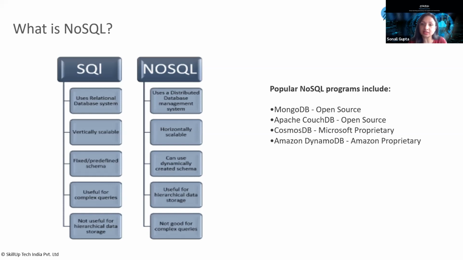The second one that is widely used, but not as much as MongoDB, is Apache CouchDB. That is again one of the open source databases. Cosmos DB is Microsoft proprietary, and Amazon DynamoDB is Amazon proprietary. And these four are the NoSQL databases that are readily used in the corporates.